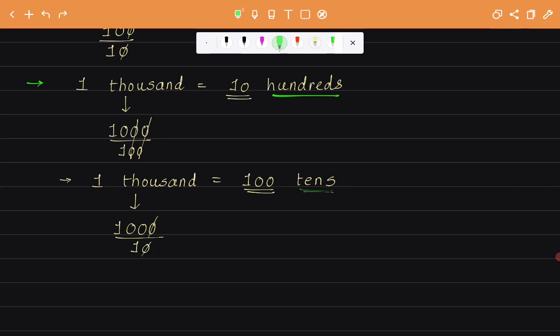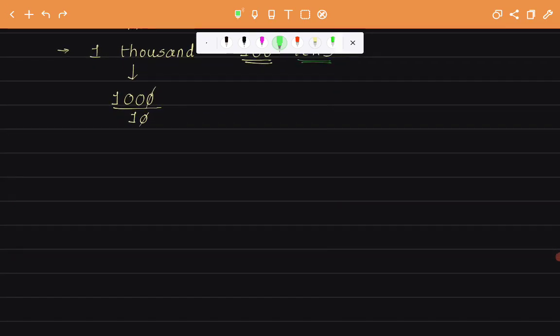Now let's look at the next one. The next question is 1 lakh is equal to, now instead of that number I'll just put a blank here, dash thousands. Here we are dealing with lakh, so let's first write down 1 lakh.